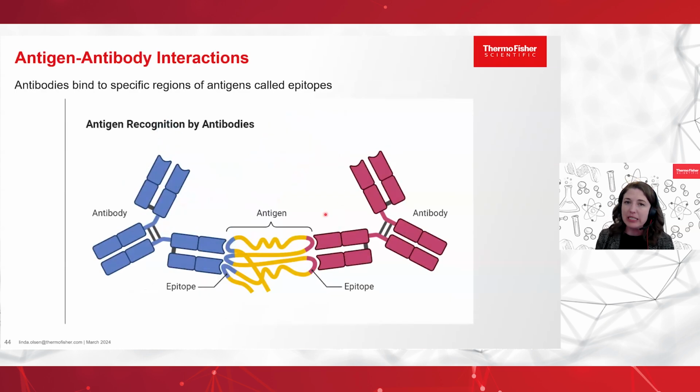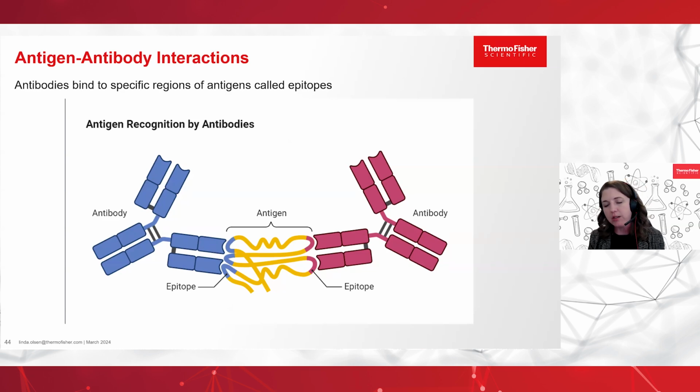So, antibodies bind to specific regions of antigens called epitopes. You can imagine whether this is a protein on the outside of a cell or a soluble protein in the blood, that the antibody isn't actually binding to the whole entire antigen.